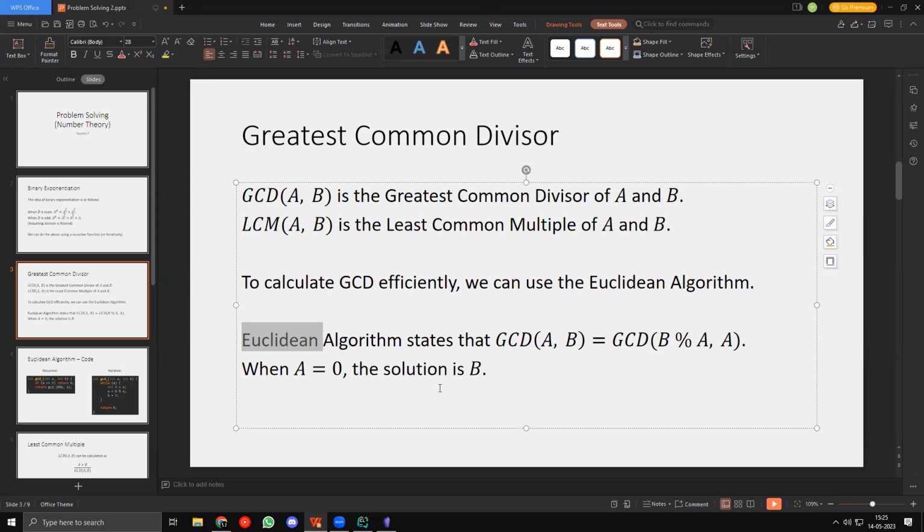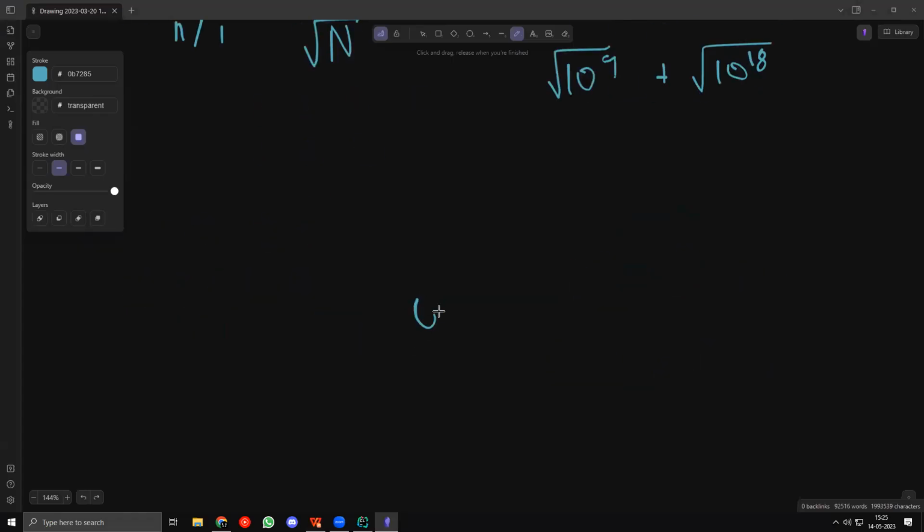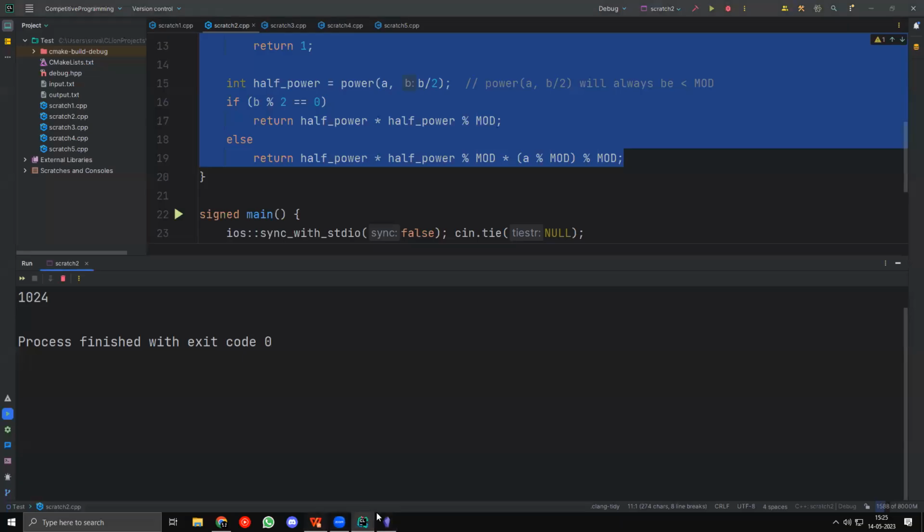So what it does is it simply says, if I have GCD of A comma B, it says that GCD of A comma B is just simply equal to GCD of B comma A modulo B. That's it. This is the entire formula.